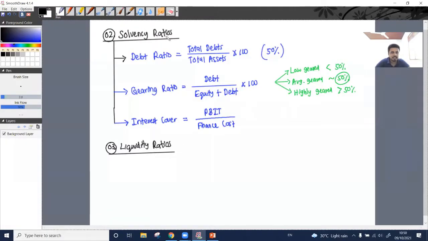This provides us the idea of how capable the company is in paying off its debts. In liquidity ratios, how quickly the company can pay off its debts.